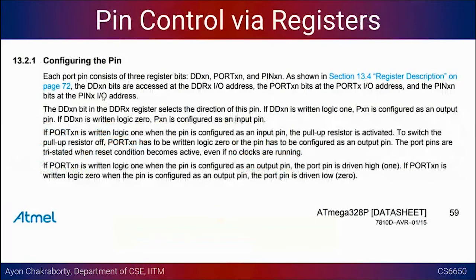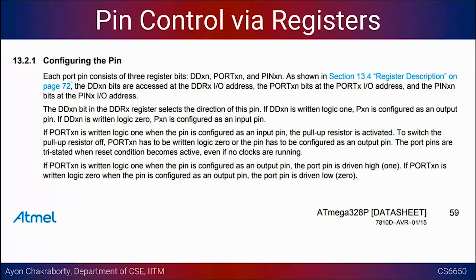So we need to summarize this. If we want to control these input output pins, which is a very common feature for many sensor based applications, when we try to interface or pass certain signals to different input output devices, there are three registers that we have to be aware of.